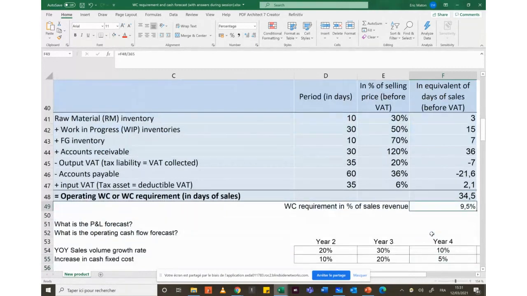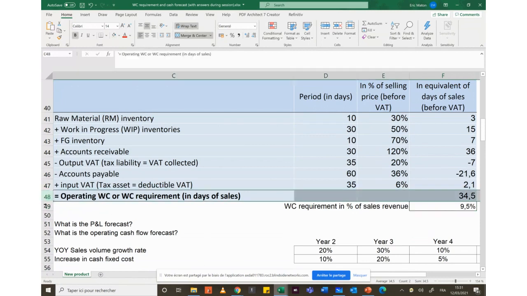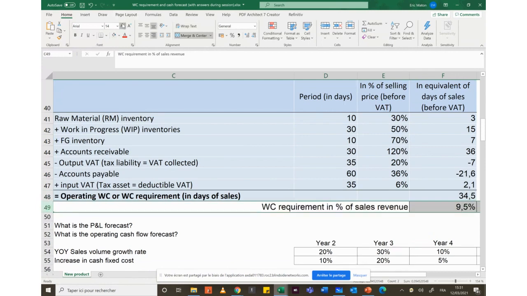So it means that when I create the working capital requirement, I will consume the equivalent of 9.5% of the sales revenue in terms of cash. It's very important to estimate this one. So here I put in 14.